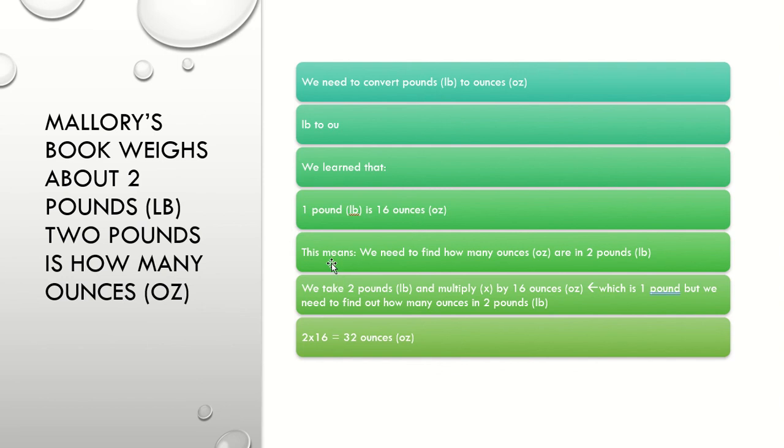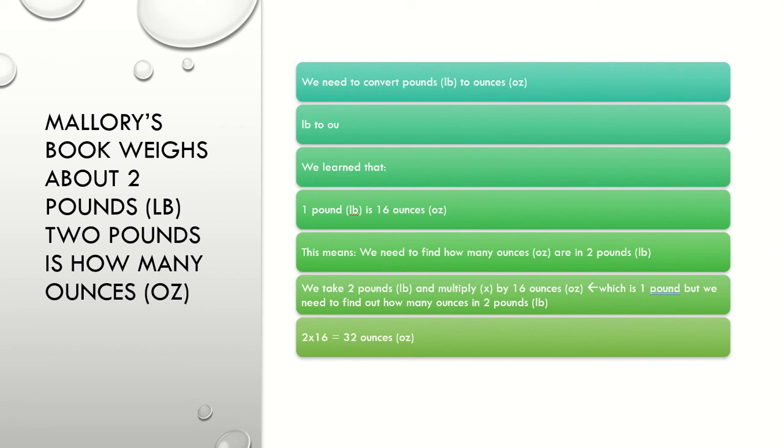This means we need to find out how many ounces are in 2 pounds, okay? So we take the 2 pounds, multiply by 16 ounces, which 16 ounces is a pound.